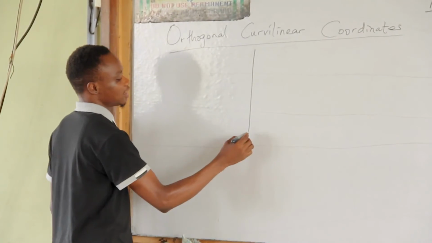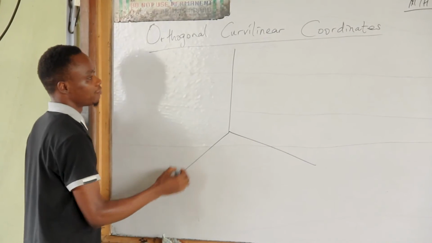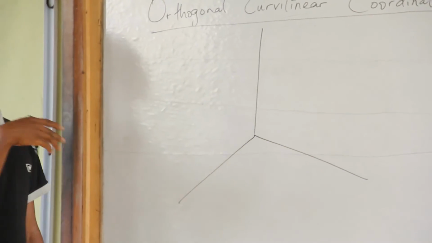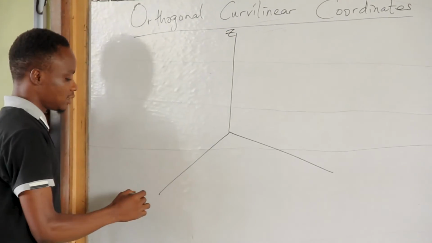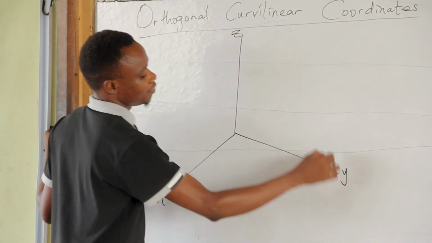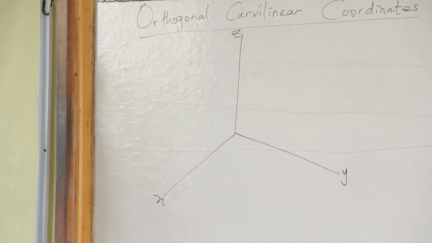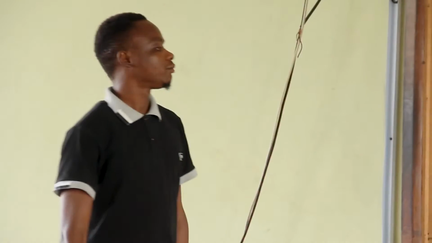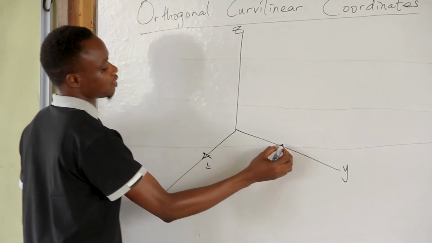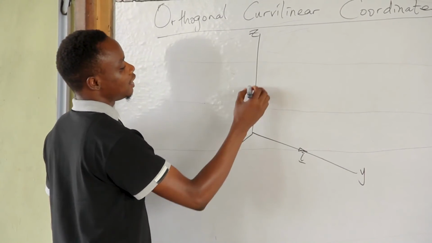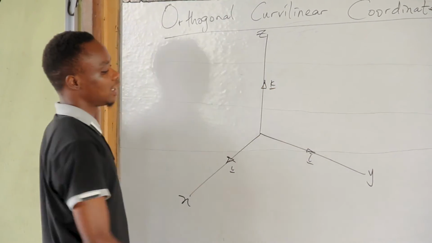For all the definitions we considered so far, gradients, divergence, curl, we have used the Cartesian coordinate system, where the unit vectors are i, j, k respectively. i, j, and k are the unit vectors in their respective directions.